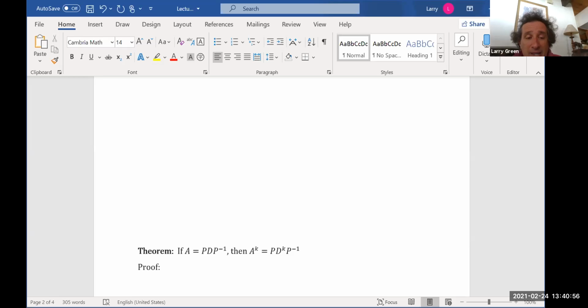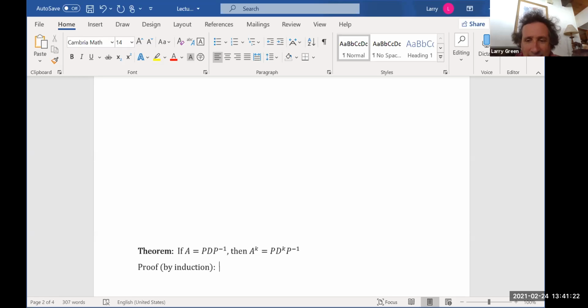Okay, I'm going to prove by induction. Sound good? So first thing, proof by induction. Induction is a really important method of proof. And whenever you're trying to do something for some integer value, that's usually induction. I do want to note something, and I hope this doesn't confuse you too much. The book uses n for the powers.